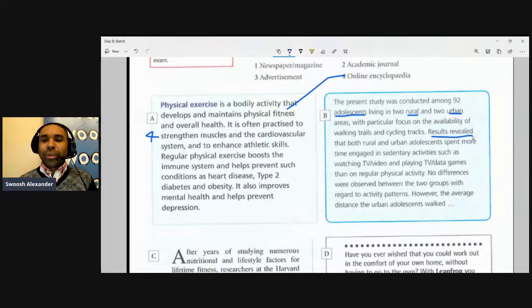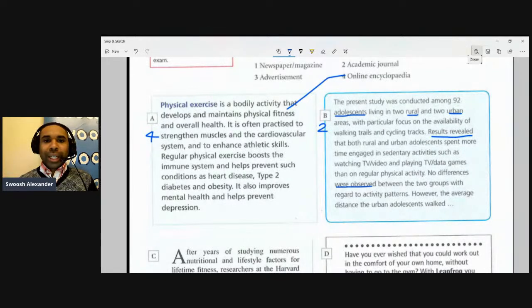So this sort of language we would expect to find in an academic journal, talking about results, very formal language, and a use of the passive voice as well, were observed. So this is the sort of language you'd expect in an academic journal. So B would be 2.